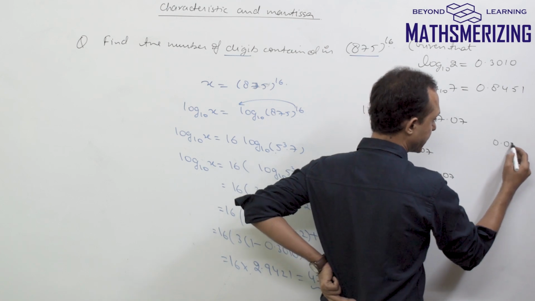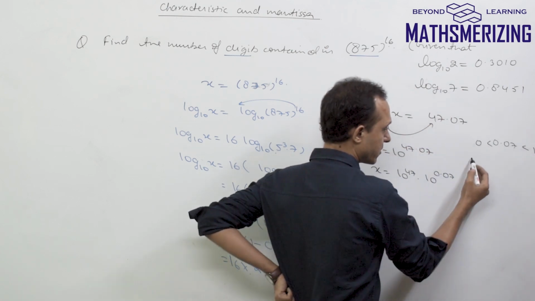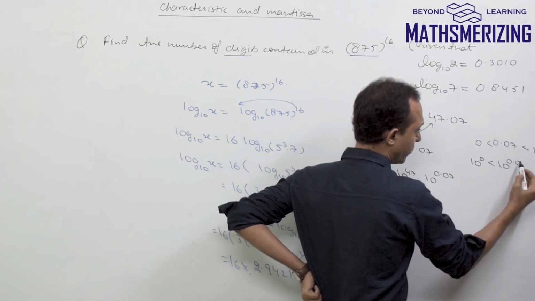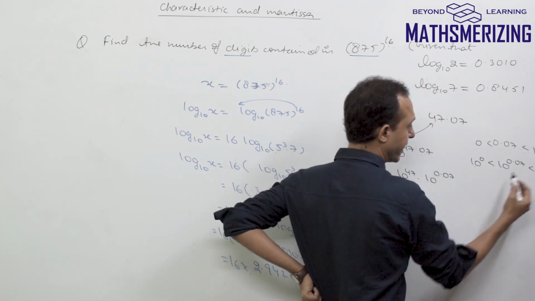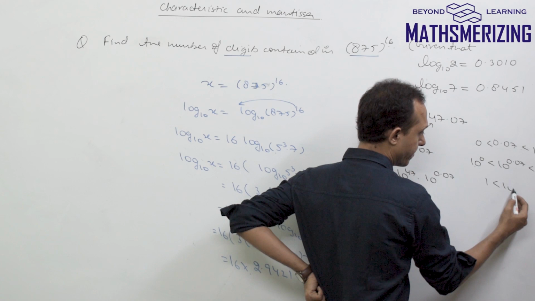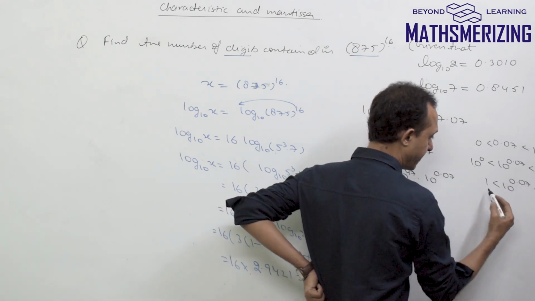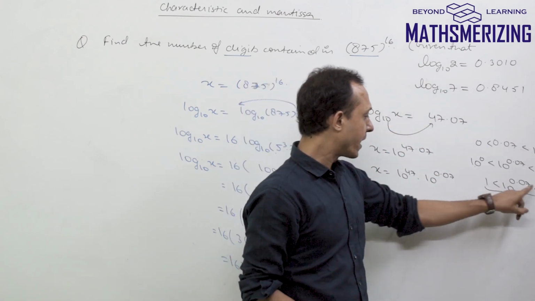Now 0.07 actually lies between 0 and 1. So 10 to the power 0.07 will lie between 10 to the power 0 and 10 to the power 1. So this value lies between 1 and 10. So it is a number between 1 and 10.